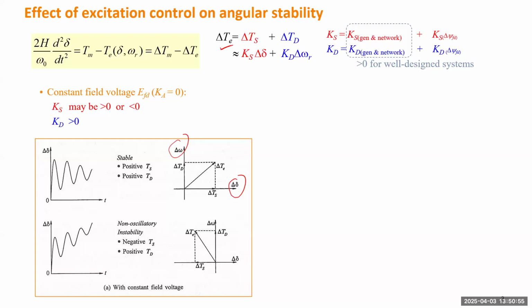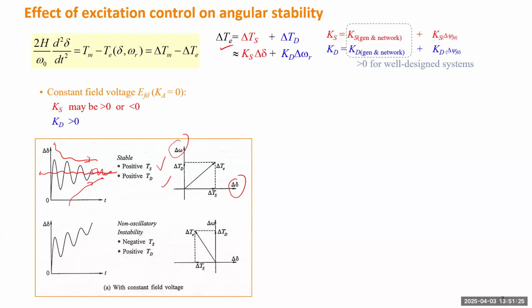If both are positive, the stable waveform of a generator will look like this. It finally goes to some new equilibrium point, it gets closer, and the amplitude is declining. It has positive damping.